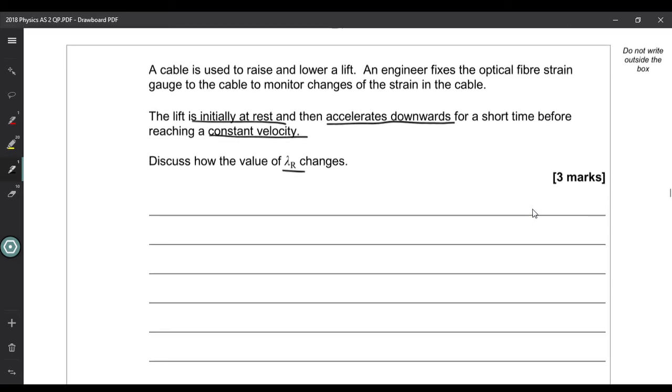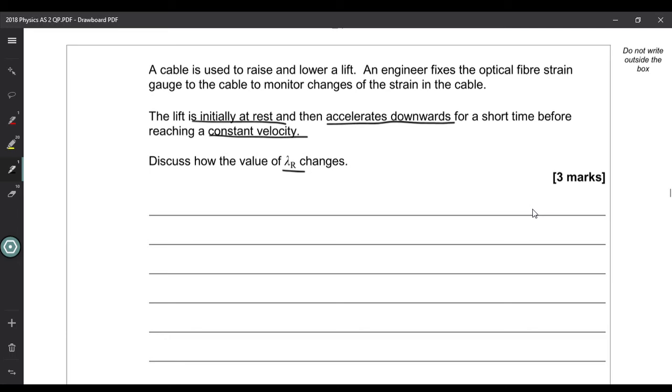So one thing we do know is that a decrease in tension, the stress, causes a decrease in the strain, and we can see in that graph that this would result in a decrease in lambda r.